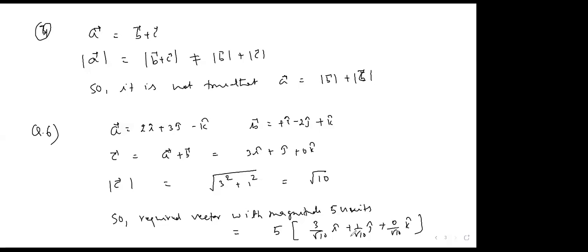Question number 7. A vector, B vector, and C vector are given. You need to find a unit vector parallel to the vector 2a minus b plus 3c. So I'm just giving you the hint how you need to do this sum.